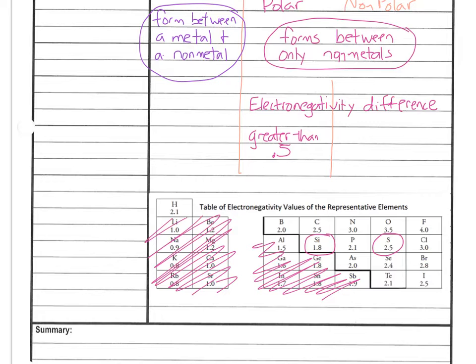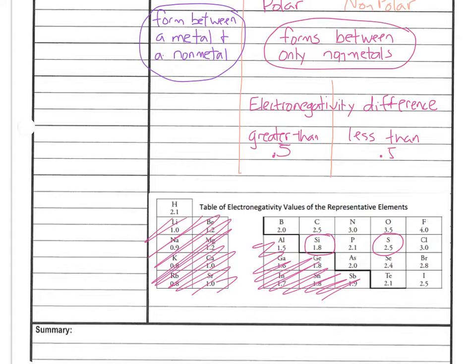To get a nonpolar compound, it must be less than 0.5. And I believe if it is 0.5, then it is considered polar.